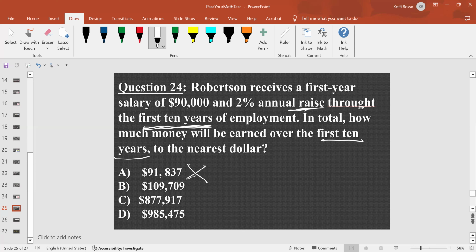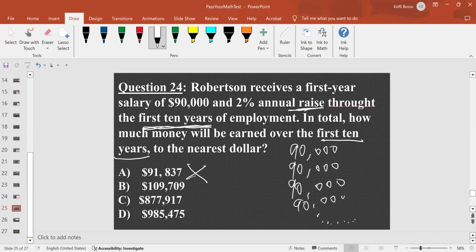Suppose they don't increase it. Suppose there is no raise. If you have 90,000 the first year, 90,000 the second year, 90,000 the third year, 90,000 the fourth year, up to 10 years, do you think in total you're going to get 91,000? No, you're going to get more than that.